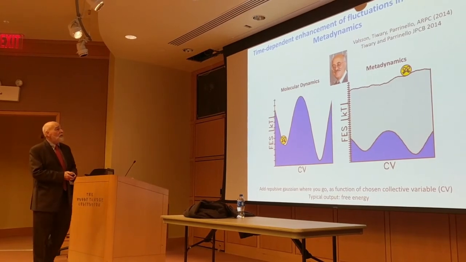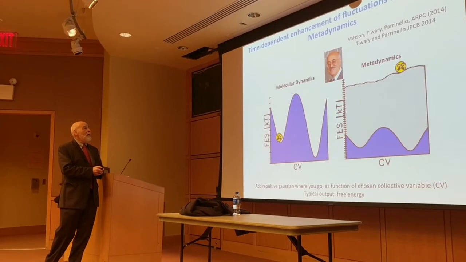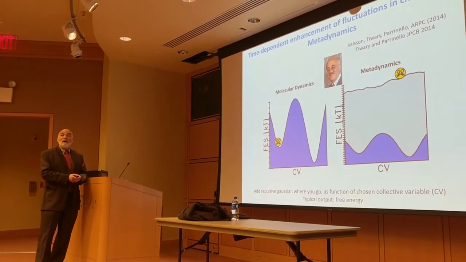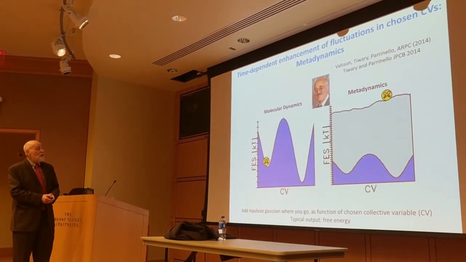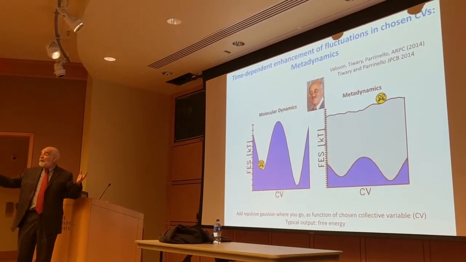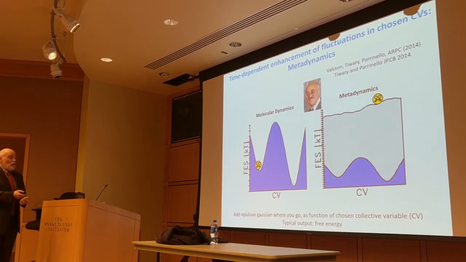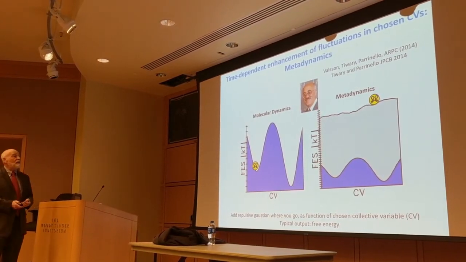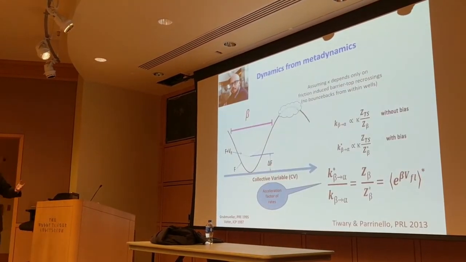And what Tiwari did, the method he used, said, okay, I know how to get from this fictitious enhanced sampling technique. What Parrinello had shown is you can get free energies. You could get the free energy as a function of the reaction coordinate and get the barriers and so forth. But what Tiwari showed is that you could also get a rate constant. This is what he did.